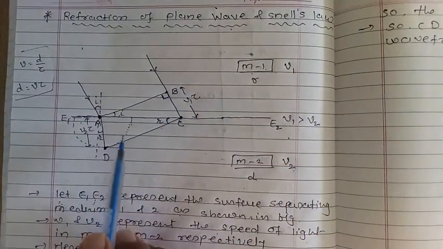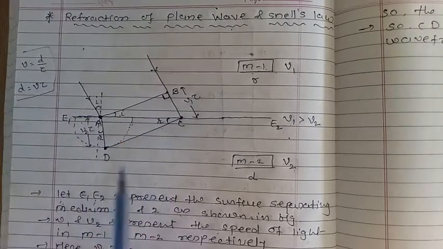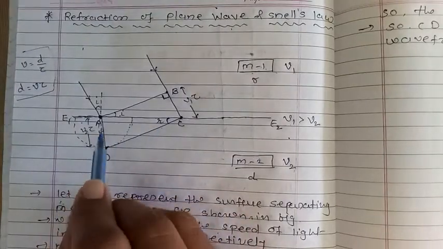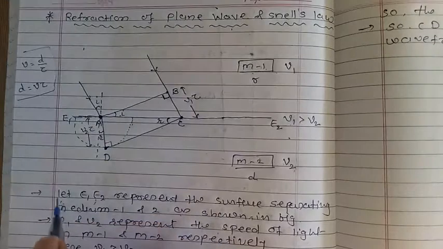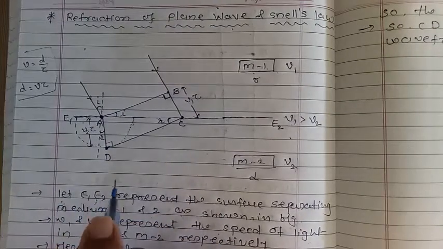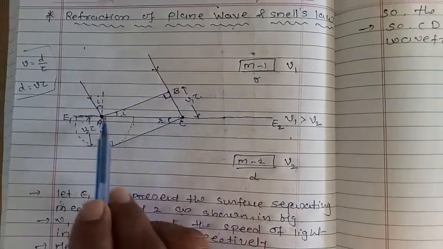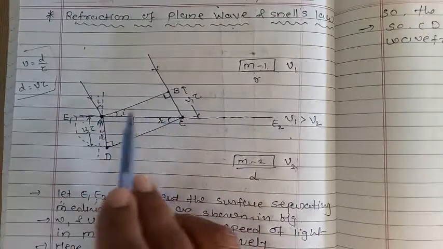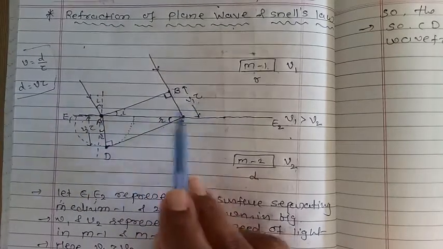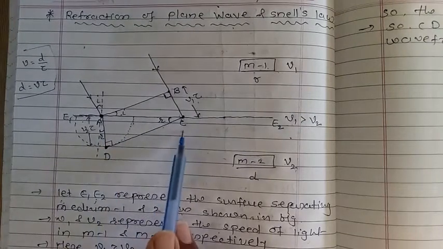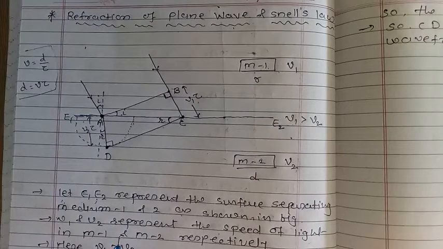And for theta 2, which is the angle of refraction, see the triangle ADC. So these are the two triangles, first ABC and ADC. Here in triangle ABC, we know the value of BC is equal to V1 tau, and in triangle ADC, we know the value of AD, which is V2 into tau.